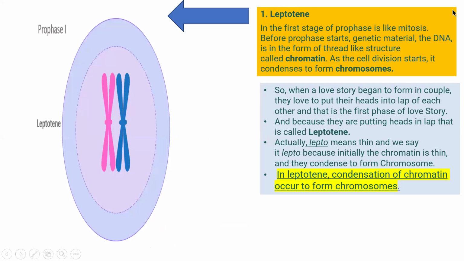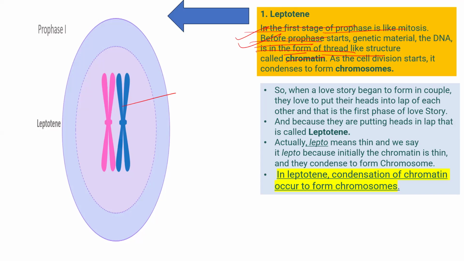So we are going to learn the story in the leptotene stage. Leptotene is the first stage of prophase 1. It is like mitosis. Before prophase starts, either in mitosis or meiosis, the genetic material, the DNA, is in the form of a thread-like structure, which is called chromatin.